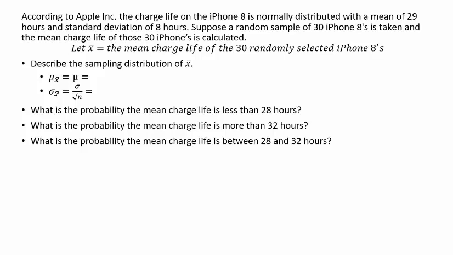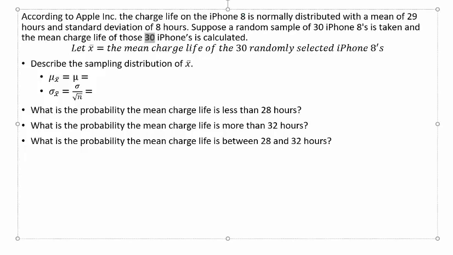If we look back at the central limit theorem that we talked about this week, it says that as long as the sample size, which is my n equal to 30, is greater than or equal to 30, which it is, the sampling distribution of x bar will be normally distributed with a mean, the average of the averages, equal to the population mean.